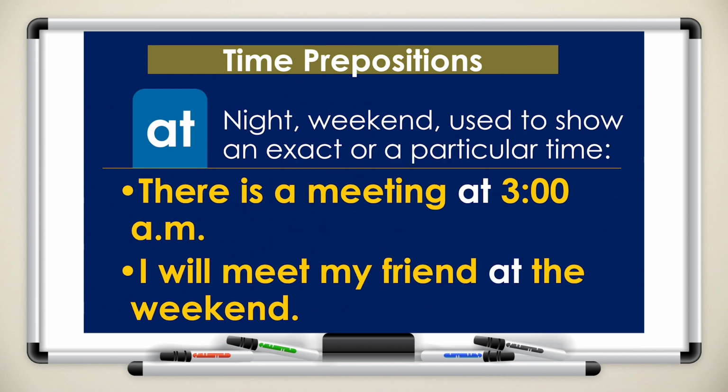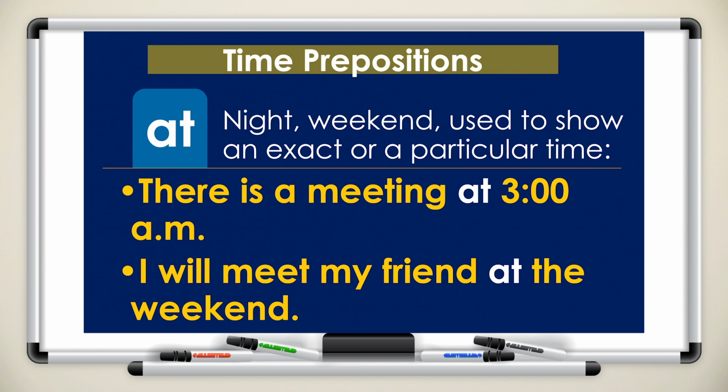At is also a time preposition. We use it when we speak about night, weekends, and used to show an exact or a particular time. When you want to refer to a specific time, you will use the time preposition at.